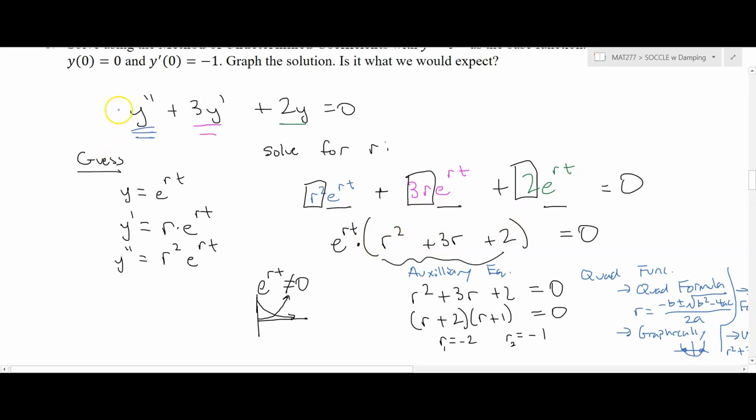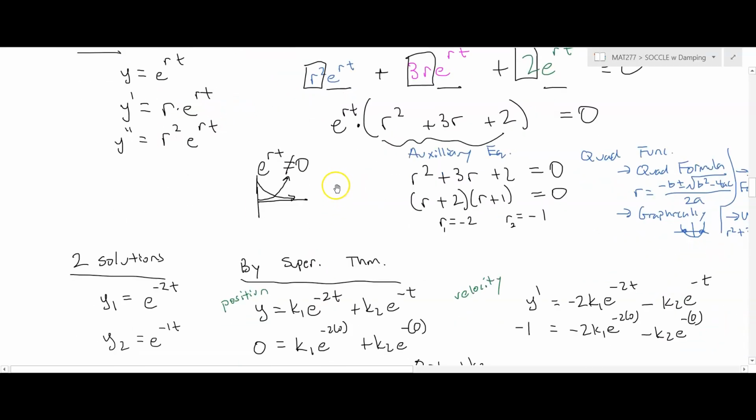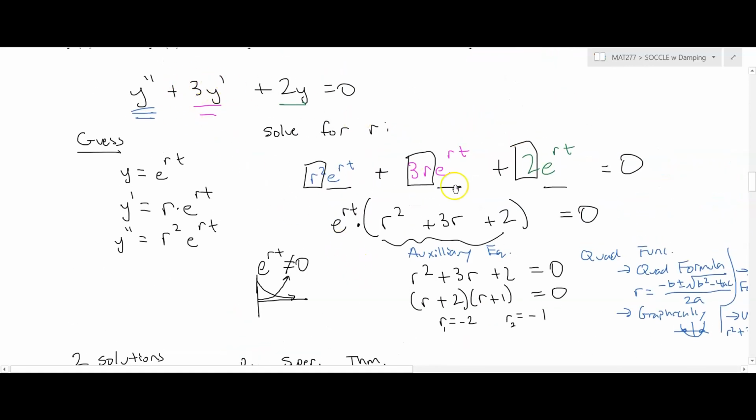Well, those just happen to be the same coefficients in front of the second derivative, the first derivative, and the original function, 1, 3, 2. So let's see if we can, before we take off with that pattern and just assume that that's all we have to do, is to solve r squared plus whatever coefficient is there, r plus whatever coefficient is there equals 0.